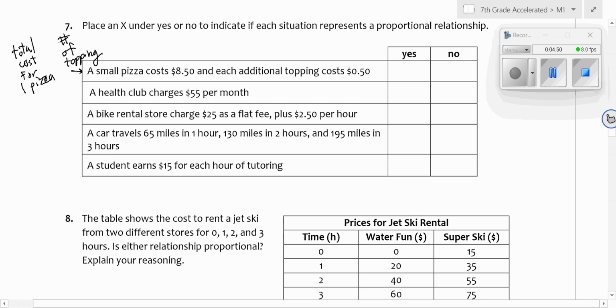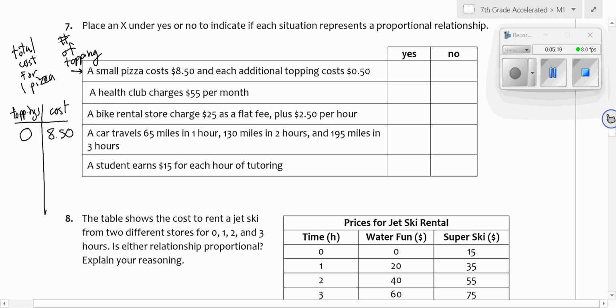So now knowing the 2 quantities we're counting and seeing the relationship, now we can see more easily if it's proportional. If we were to go like this with the number of toppings here and then the total cost here, if we get 0 toppings, how much would that pizza cost? Yeah, it's still $8.50.